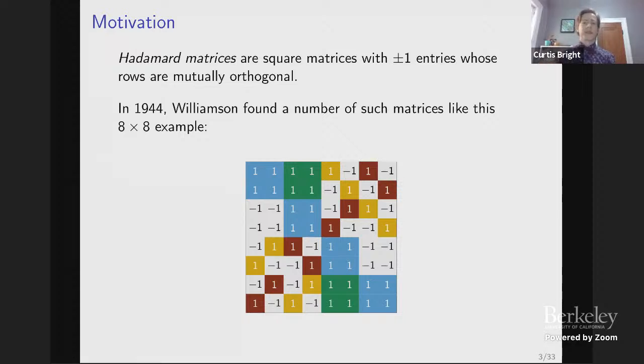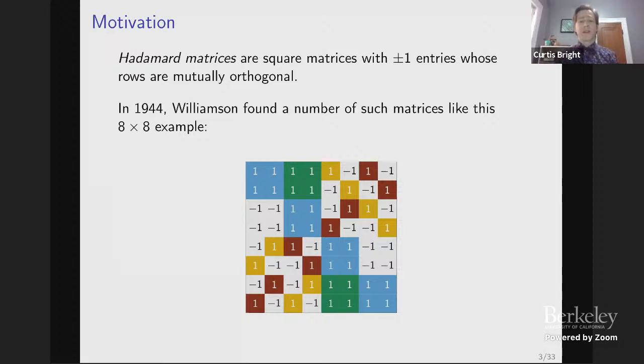They've used them in statistics and coding theory, for example, when communicating with probes being sent to Mars, you want to encode the data sent in some kind of error-correcting fashion. One way to do that is to use the rows of your Hadamard matrix to form the code words. This orthogonality property says that two code words are maximally distinct, so it has good error-correcting properties.